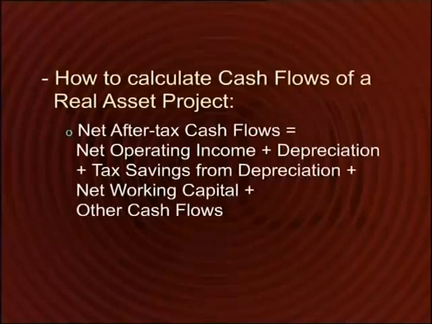You need to add that back because it was a non-cash expense, plus any net working capital requirements for the project, plus some other cash flows that we associate with net present value.